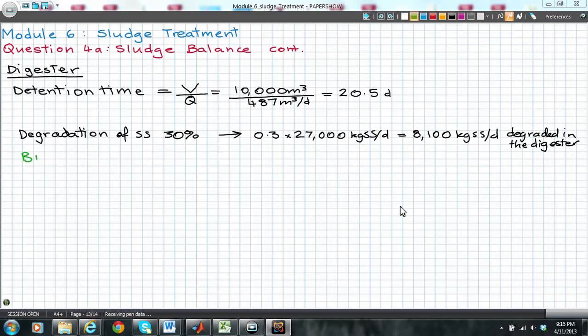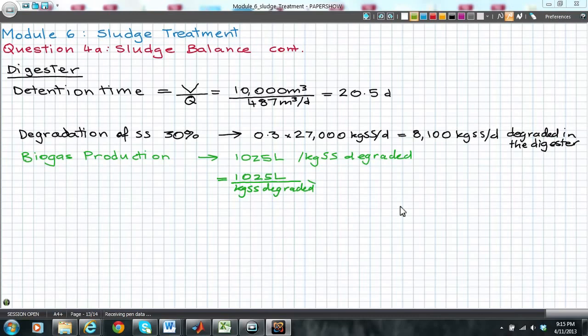From this we can then calculate what the biogas production is. So we have 1,025 litres of biogas produced per kilogram of suspended solids that are degraded in the digester, which equals 1,025 litres times 8,100 kilograms, and we're going to divide by 1,000 to get into cubic meters.